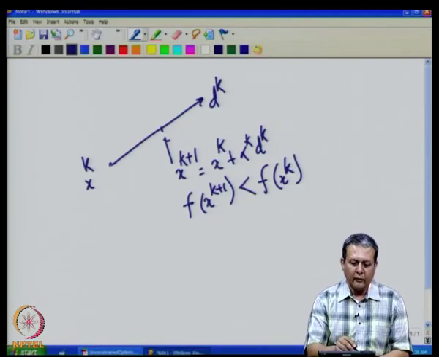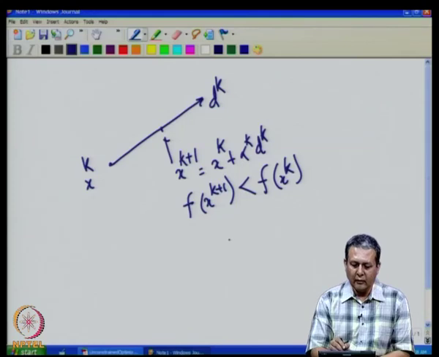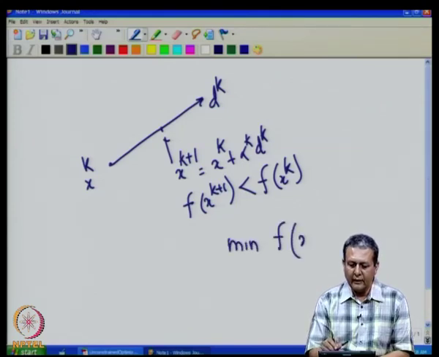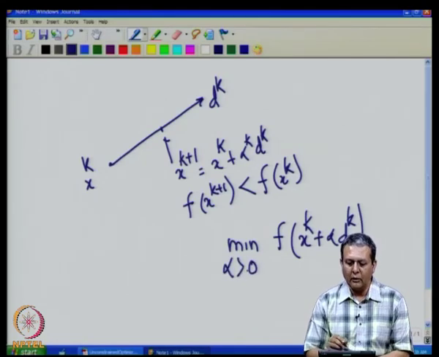So, if we are at a current point x k, and this is the descent direction d k, we are interested in finding the minimum of f of x k plus alpha d k, where alpha is greater than 0.